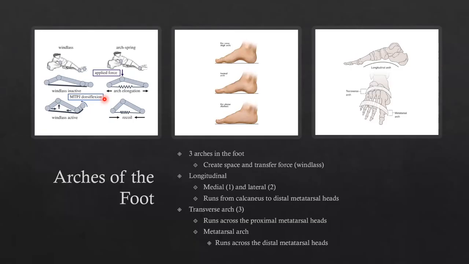And repeatedly pushing off in a foot that is not able to advantageously push off will cause problems up the kinetic chain. And it can manifest into something as small as shin splints, into some other mechanisms around the hip and the core region. Either way, very important mechanism for our ability to propel ourselves forward, our windlass and our arch mechanism.